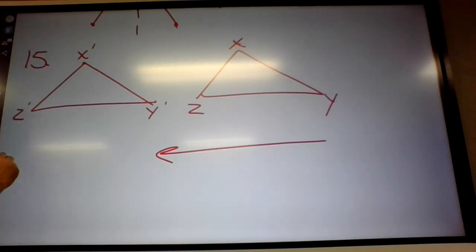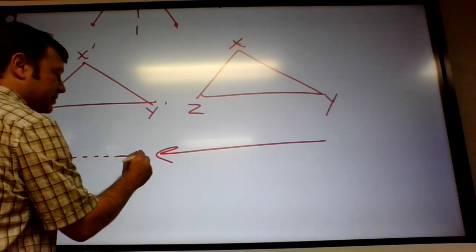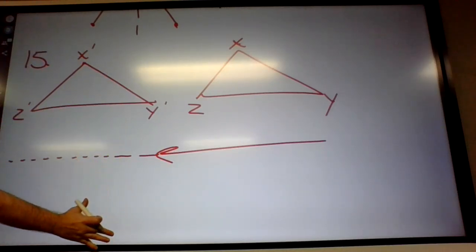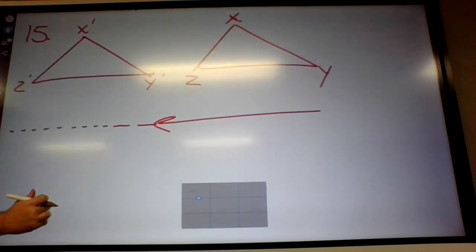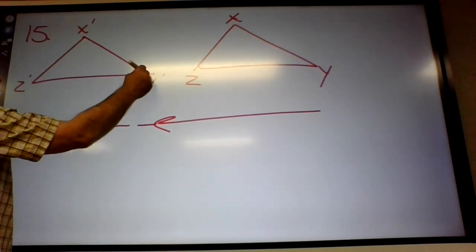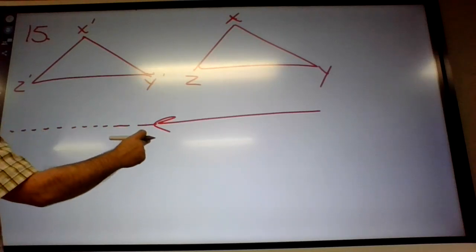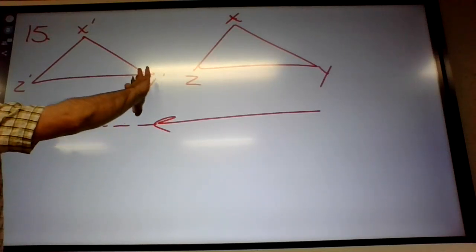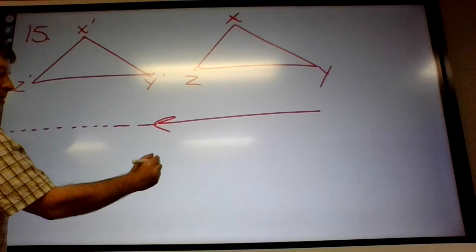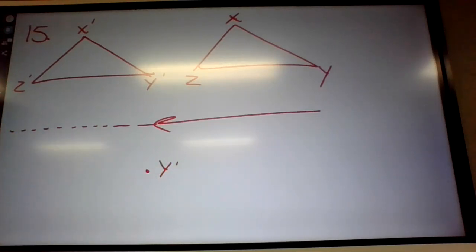But then we are supposed to reflect over the vector. So this up here is going to flip down here. Remember when we did this reflection on Monday? How far it is from the line is how far the reflected point should be from the line. So if Y is about this far, then the new Y should be about that far from the line. Here's Y'.